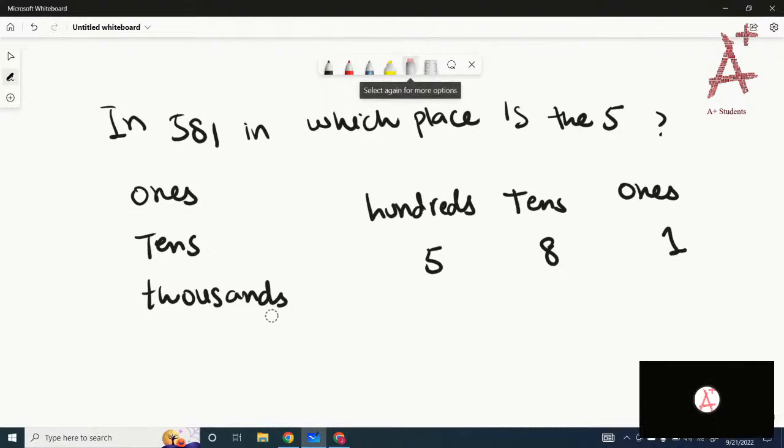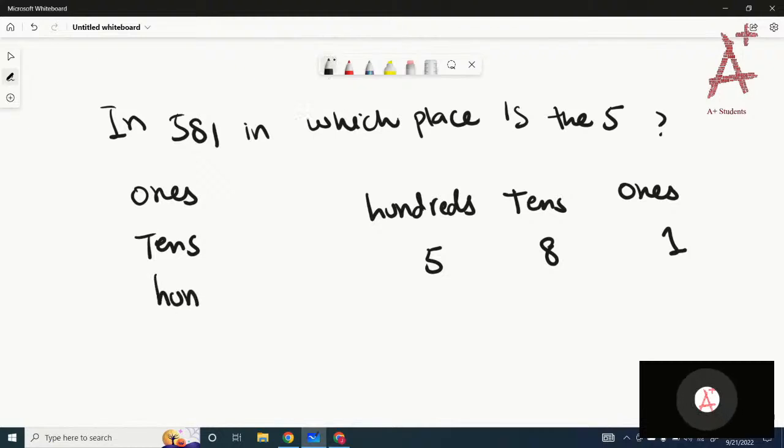Sorry, the options are ones, tens, and hundreds, not thousands. So 5 is at which place? Yes, very good. It is at the hundreds. Got it?